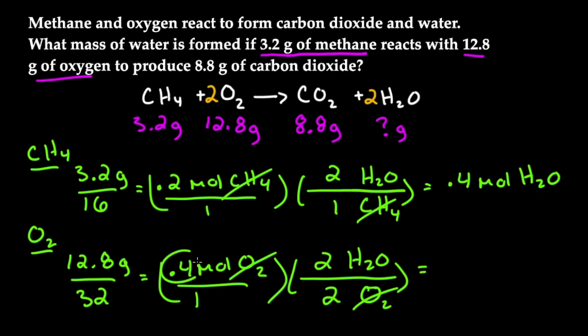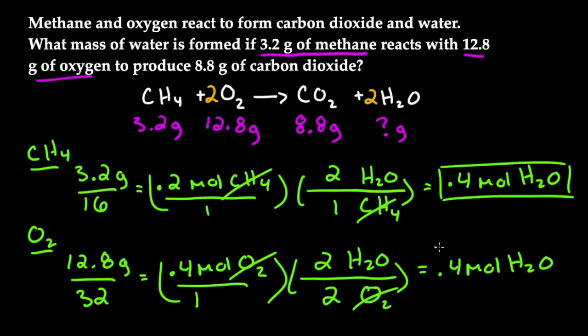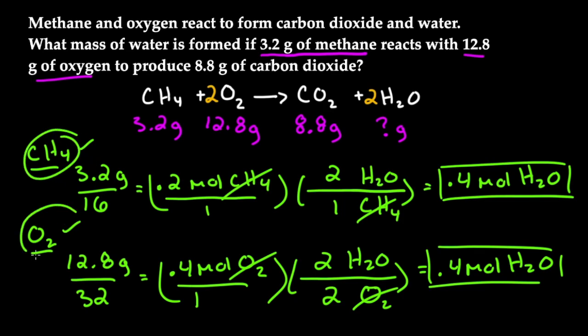And so I have 0.4 times 2 divided by 2, so I'm going to get 0.4 moles of H2O. Because both of these make the same number of moles of H2O, it means that both of these are going to run out at the exact same time. So I'll have none of this left over and none of this left over once this reaction is complete.